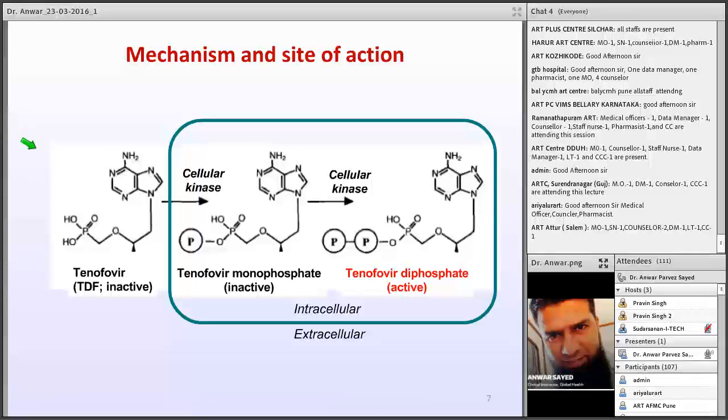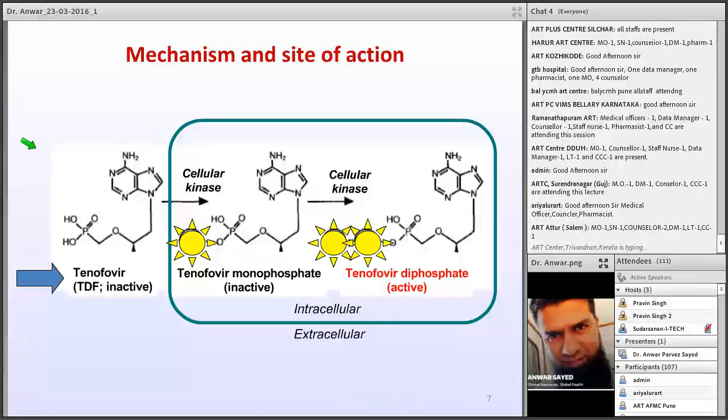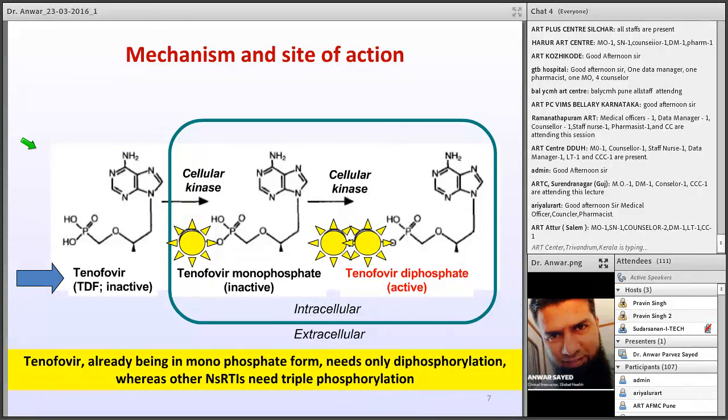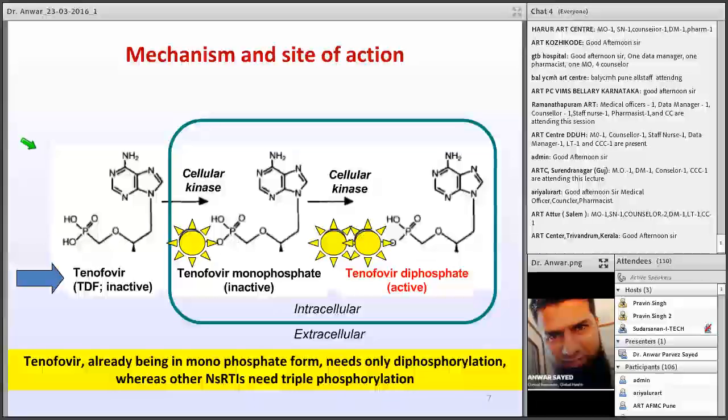This is about the mechanism of action of the drug. This is within the cell. As I said before, tenofovir monophosphate is an inactive form, and within the cell it has to be activated and needs diphosphorylation.